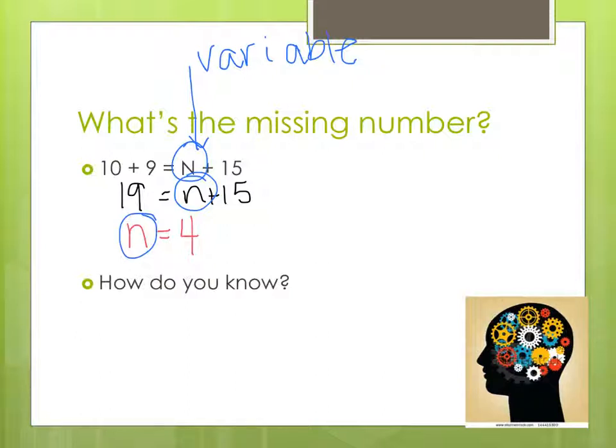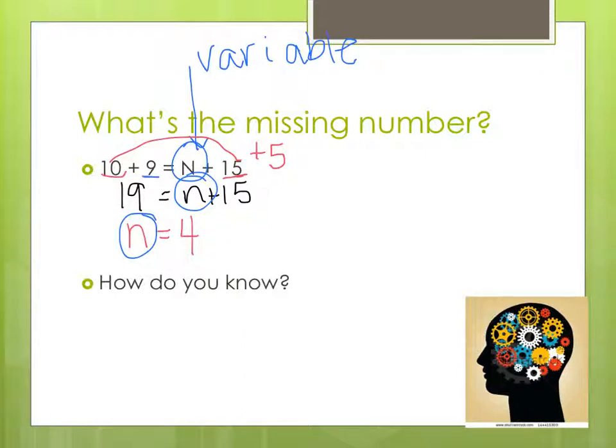Now, if I wanted to use relational thinking to solve this problem instead of addition, I would have to compare the numbers just like I did in the other side. In this case, I'm going to say that 10 to 15, 15 is 5 more than 10.